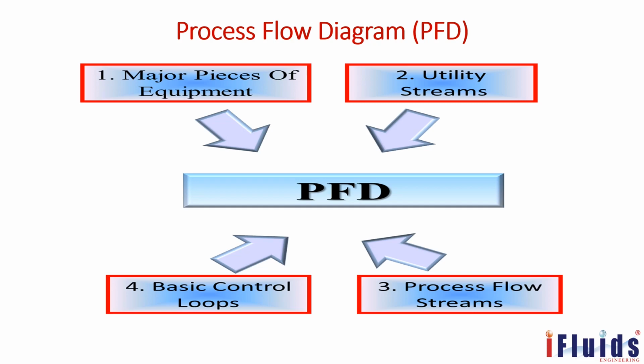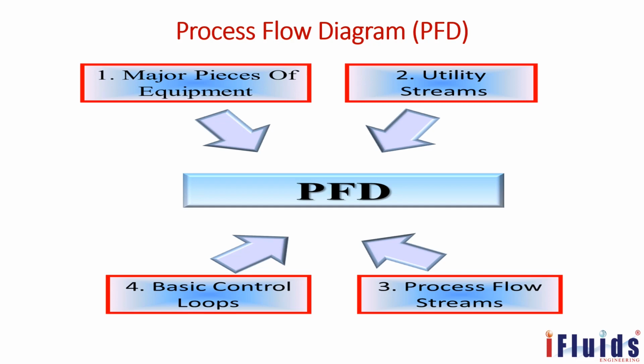Another is the streams, the utility streams. First, utility streams we have to show: air, instrument air, water, cooling water, steam, high pressure steam, low pressure steam, nitrogen. All utility streams we have to show in the PFD. Then the process flow streams: ethylene feed, crude feed, maybe another chemical line.